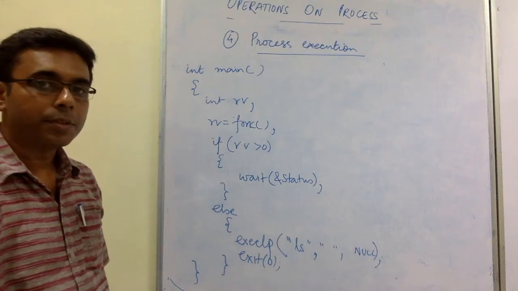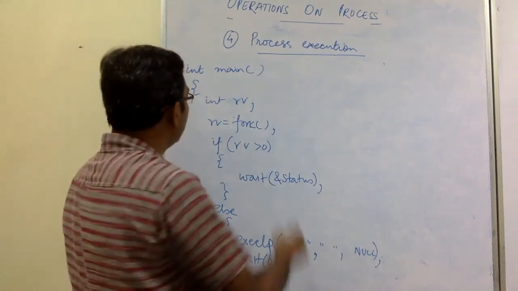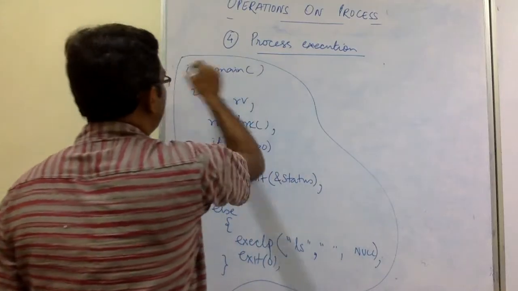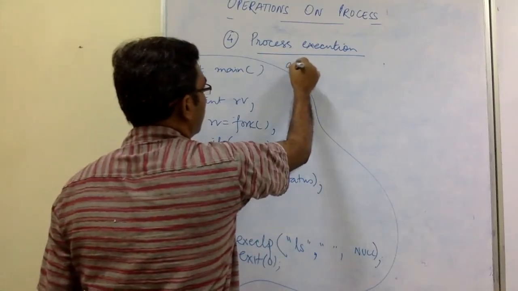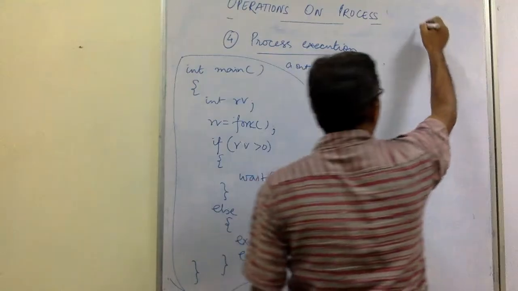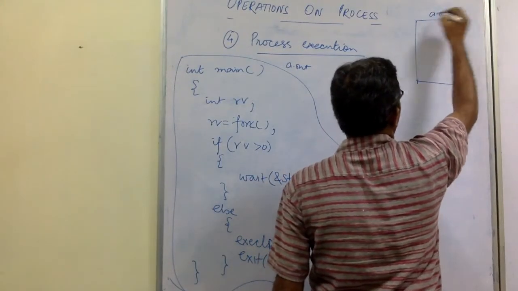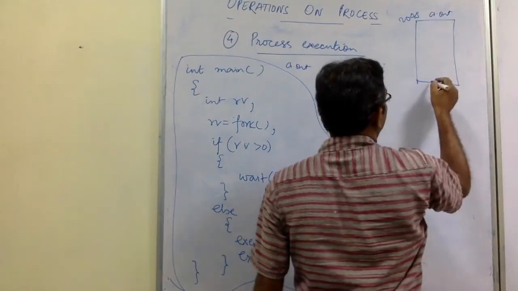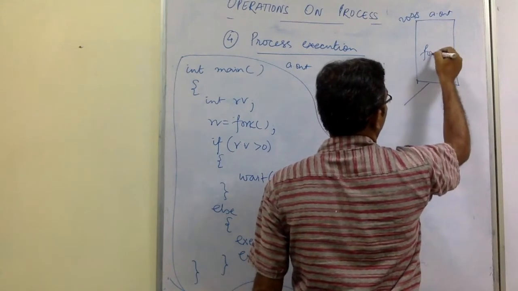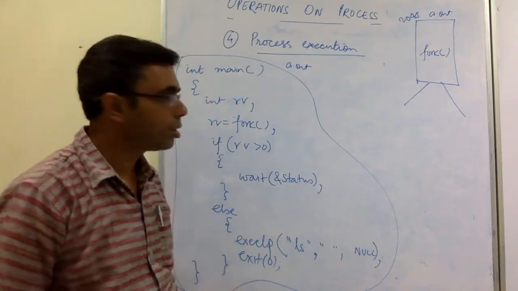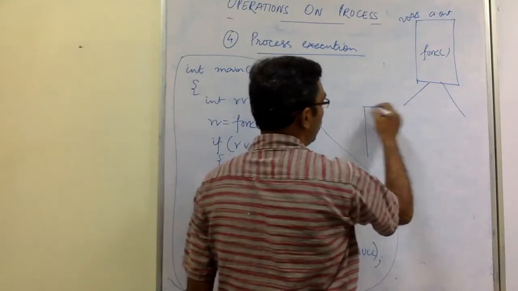So this is what happens, which means that if, let's say this is the process called a.out, which is, let's say, 2048. Now, the moment you execute this fork system call in this process, it creates a clone of itself.